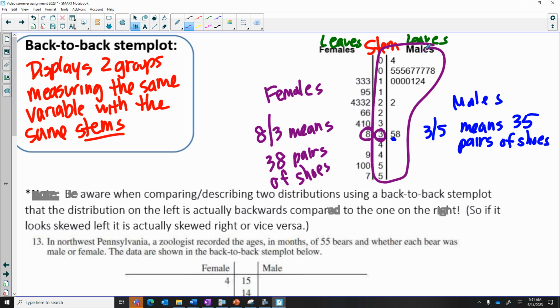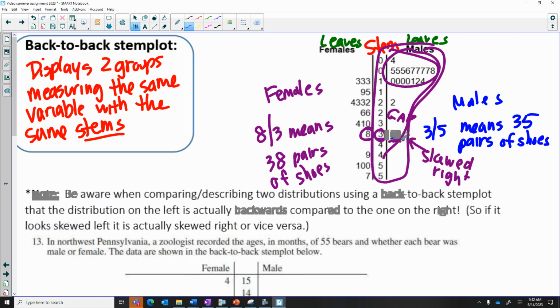So if I were looking at this one, I would want to describe the shape of the males. If I turn my head to the side, I would see that the males are skewed to the right, because there is a gap. Most of the data is towards the lower numbers, and then there's a gap here, and then there are a few outliers on the right. So the males are skewed right.